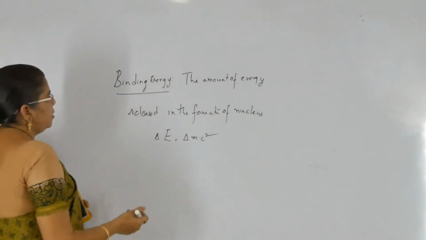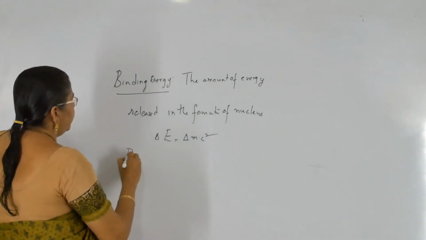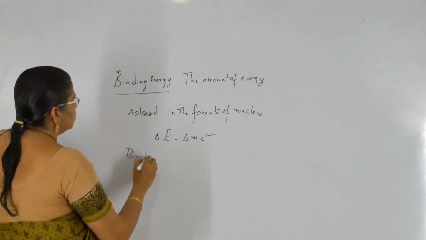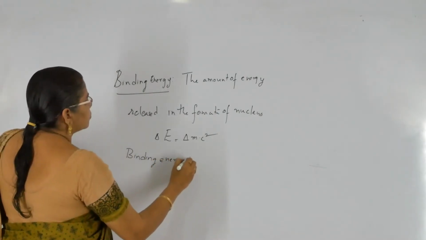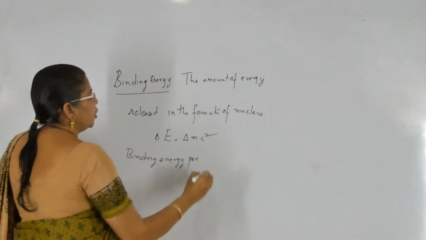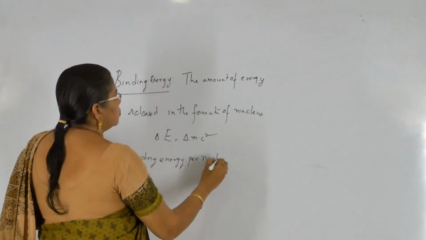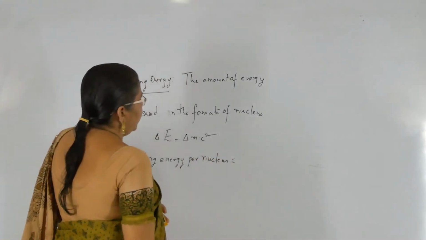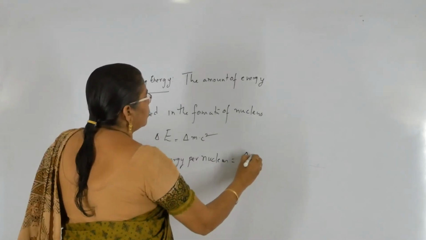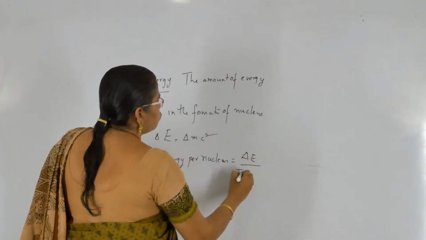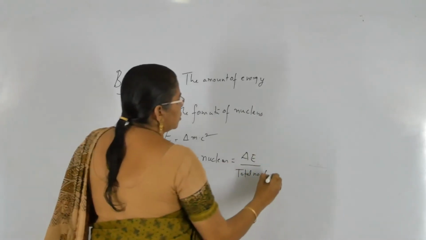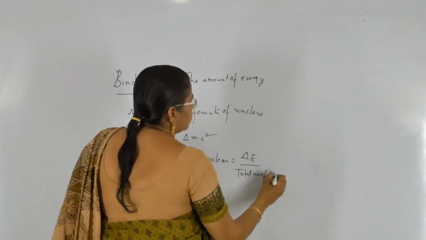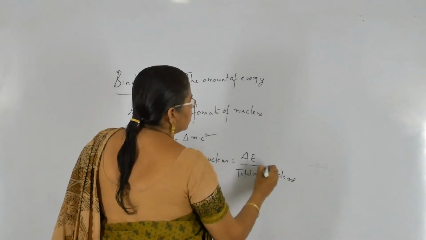Next, there is another quantity, binding energy per nucleon. It is given by delta E by the total number of nucleons in the nucleus.